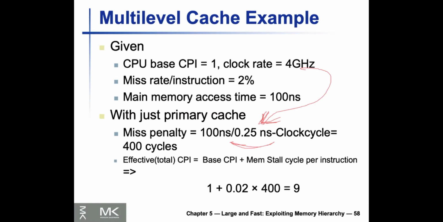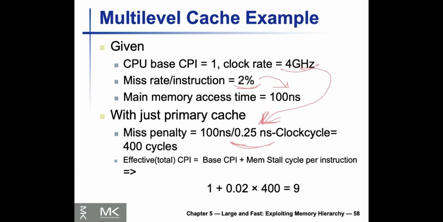Okay, great. Now we saw that when we have only one level of cache and we miss 2% of the time, we need to pay the price of having this huge access time in memory. It is the inverted value: 4 gigahertz is the inverted value.